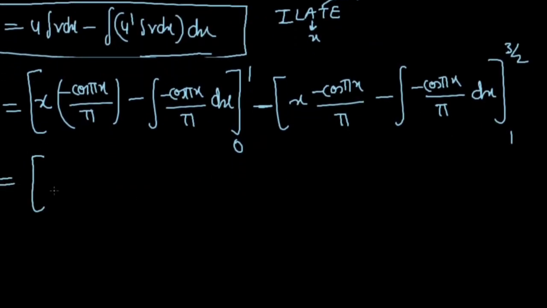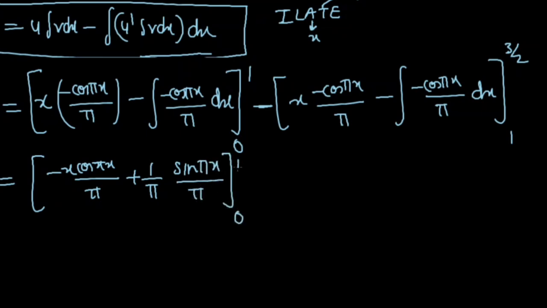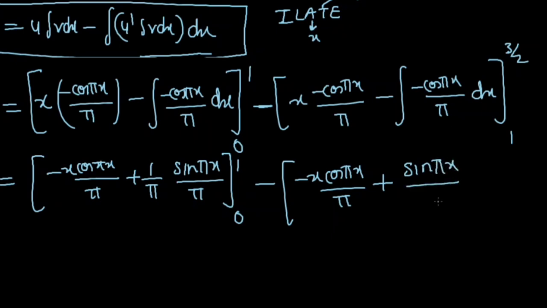So we can write: minus x cos πx divided by π, minus into minus plus 1/π times the integral of cos πx, which is sin πx divided by π, with limits 0 to 1. Minus, minus x cos πx divided by π, minus into minus plus sin πx divided by π into π, that is π squared, with limits 1 to 3/2.